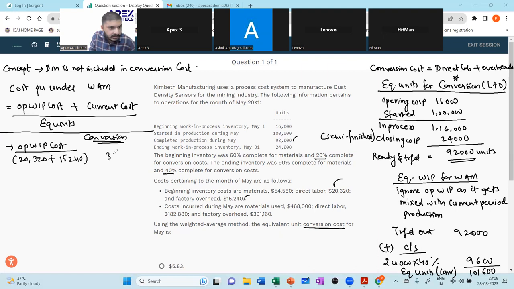How much is this? 35,560. Then current period. How much you incurred in current period? Material ignore. Direct labor 182,880. And factory overhead 391,160. So do the total of these two items. I have written it. Wait. Save your time.